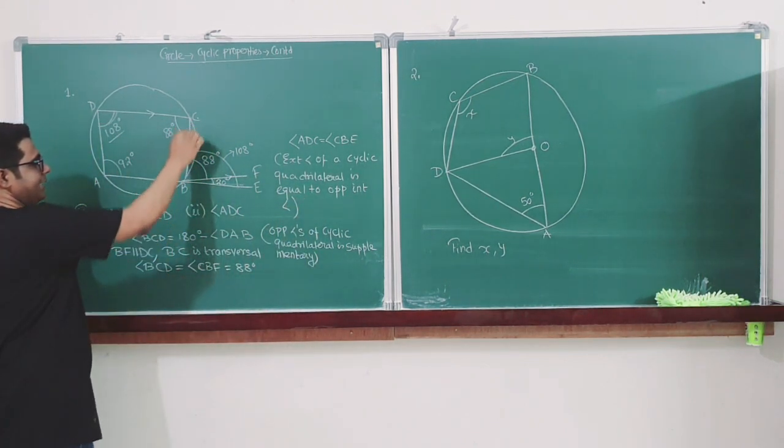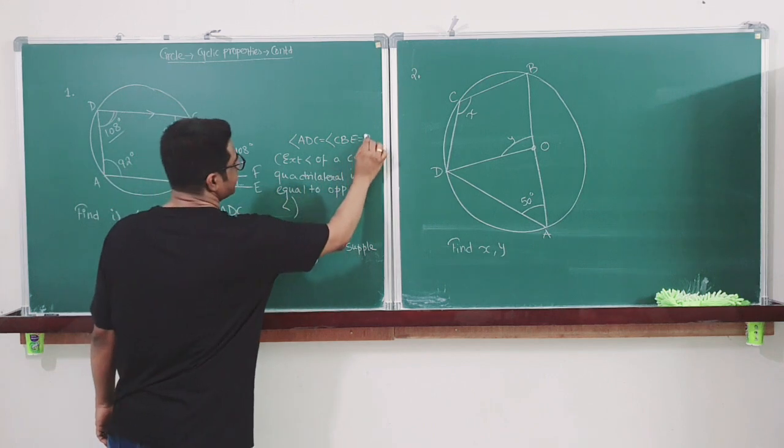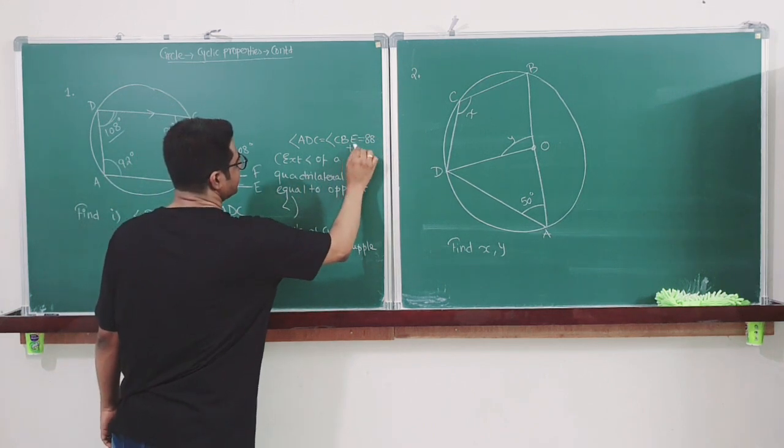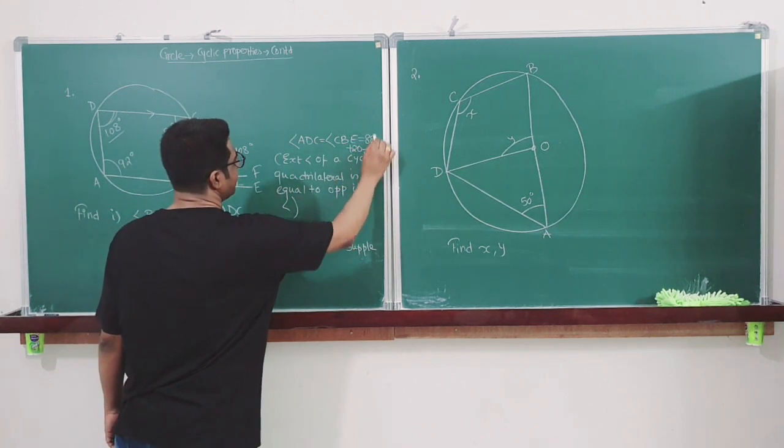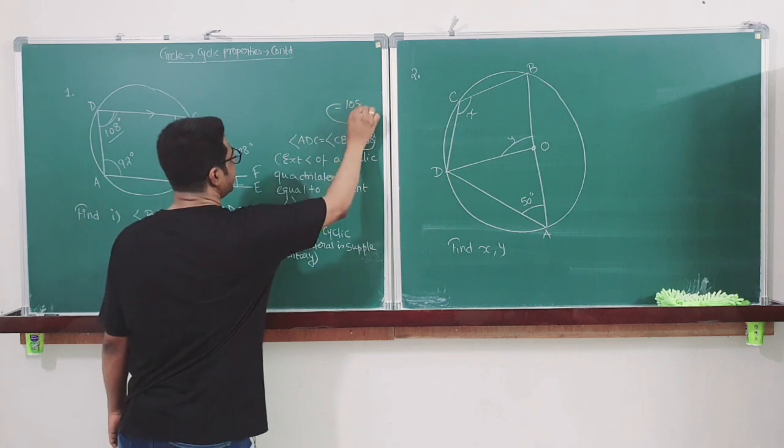So what is angle CBE? 88 plus 20, that will be equal to 108 degree. Answer.